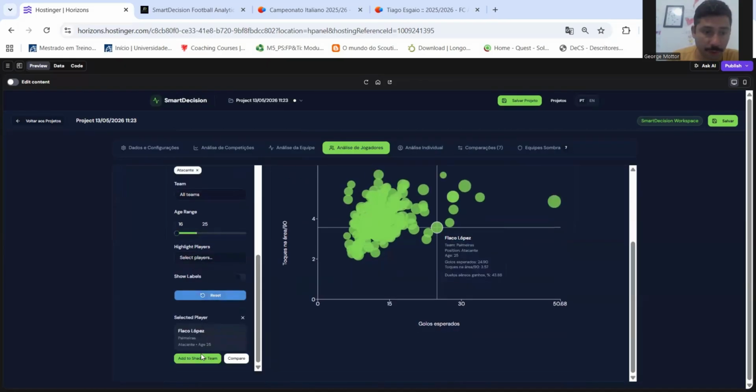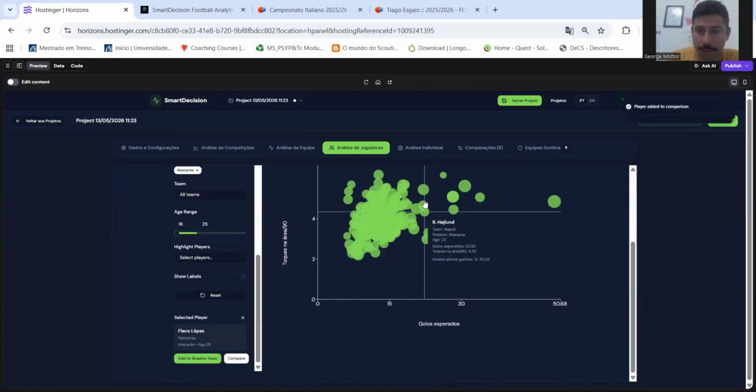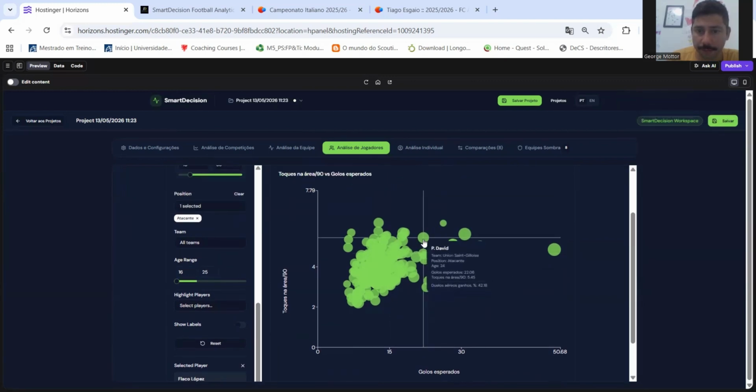Flaco Lopez is a good player. Let's put him here too. Let's put more here. Let's see who appears more here. Interesting. From Belgium, right? Union St. Gallen was very good. Let's put that expected 22 goals. Let's put that player there too. Where is he?